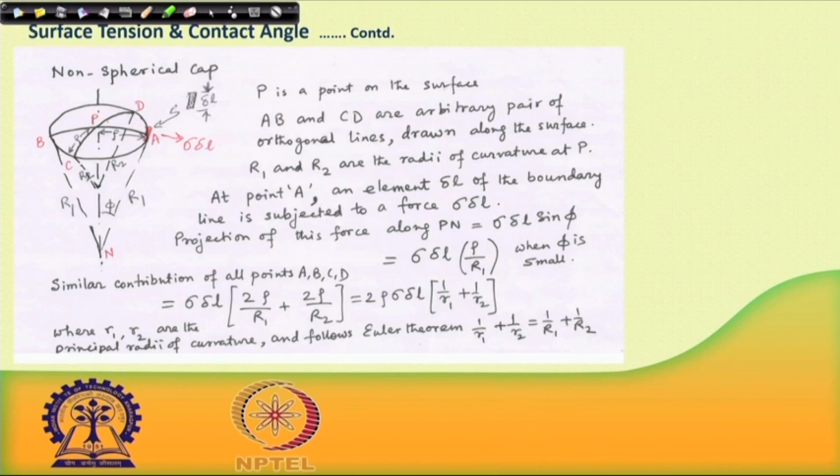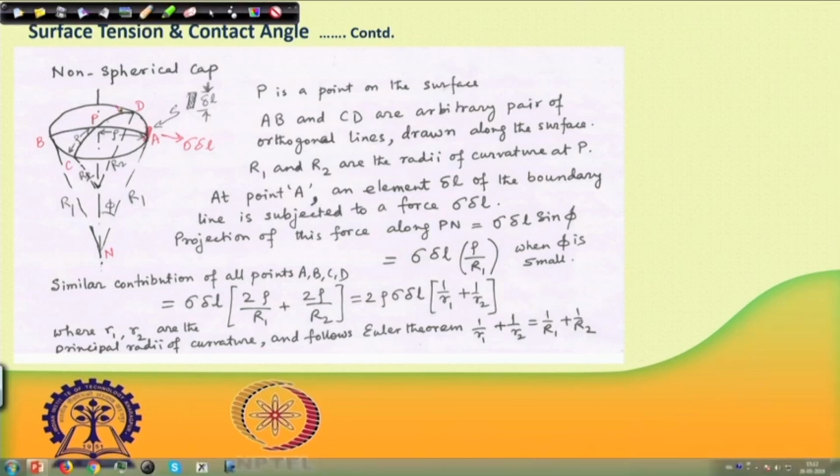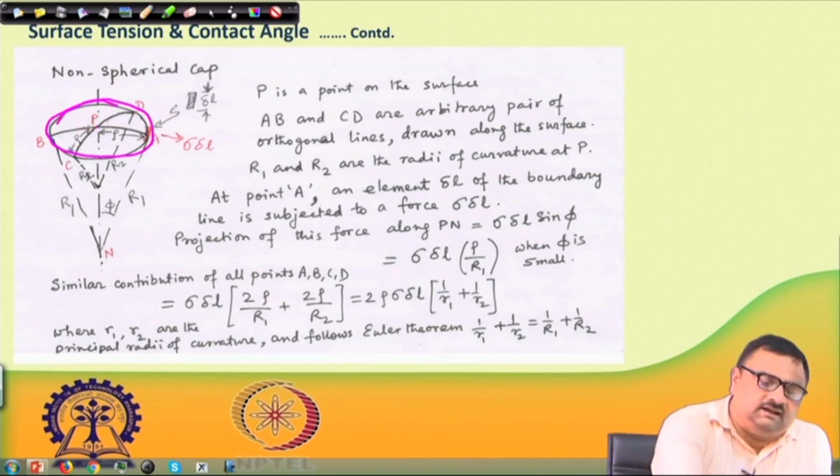What we discussed at the end of last class was how the Laplace pressure was defined for a non-spherical cap. So, we were building on that. We showed in the last class that if we pick up a region around point P, the distance of all the points on this line is the same if we follow the surface.